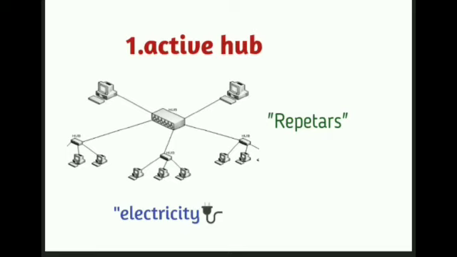Active hubs amplify the signals, which gives a boost to the network as it passes through a hub. They need electricity to power up and generate or amplify the signal before it is retransmitted at a distance of 2000 feet.